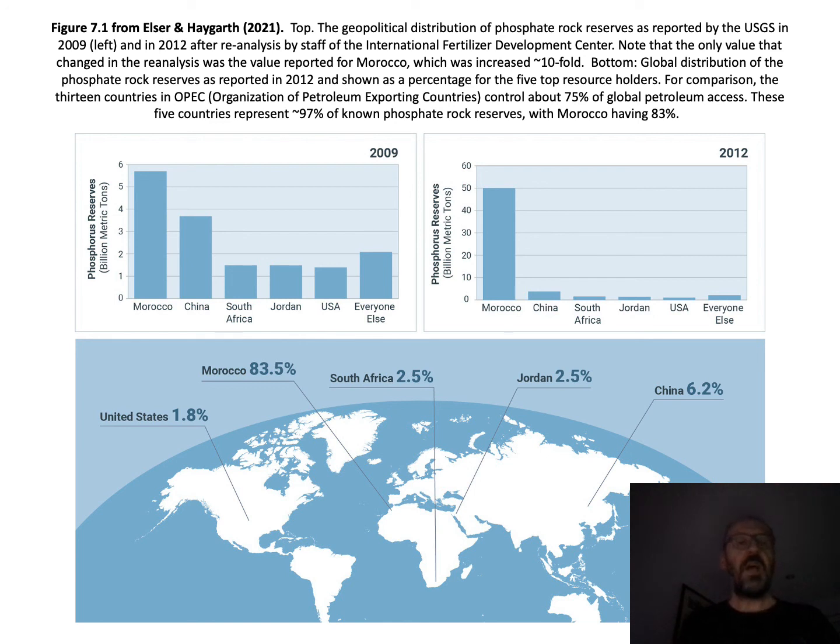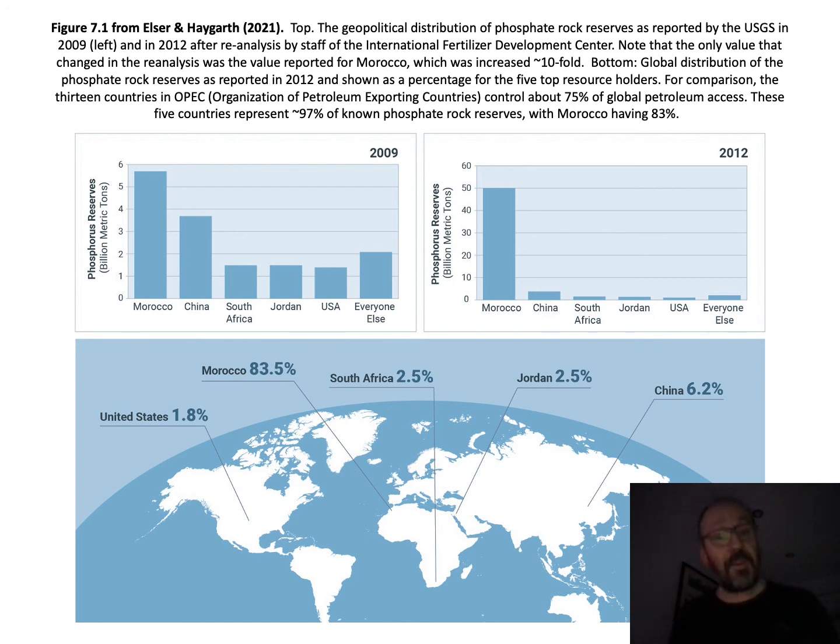It is a matter of debate. There were some concerns raised around 2008, 2009 when the phosphate price changed, when the stock markets crashed, and there were concerns over the price of phosphorus.